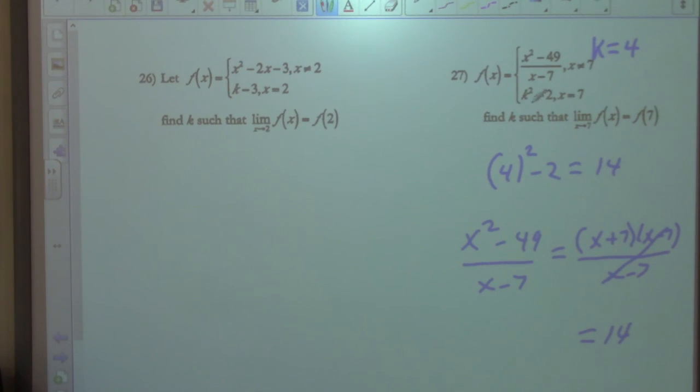And that looks like that's only going to be the case if k is equal to 4. And I think there's one more thing that's sort of bothering me a little bit about that.